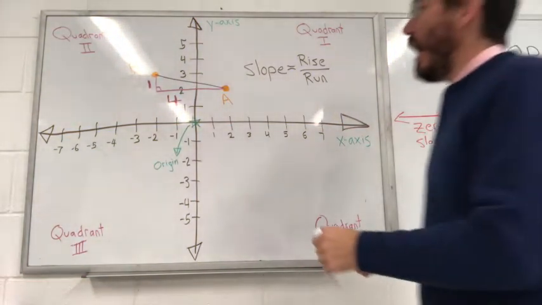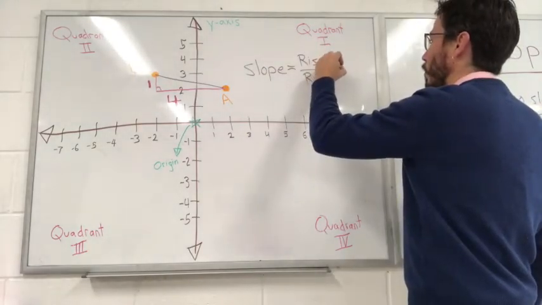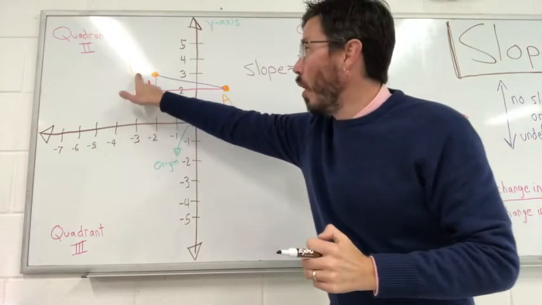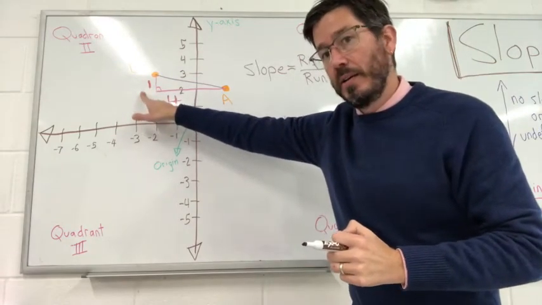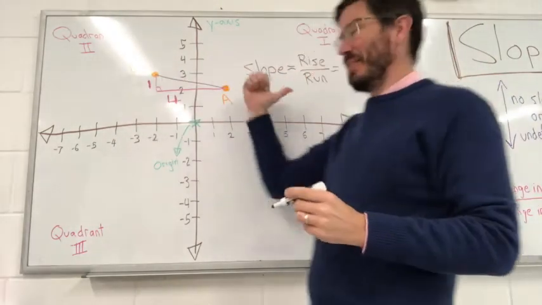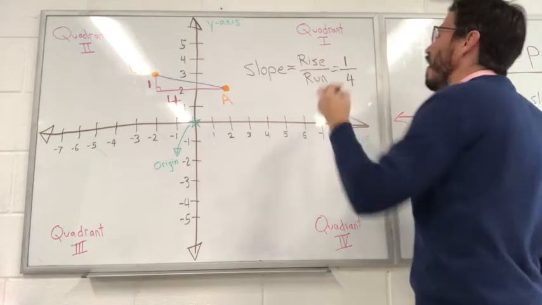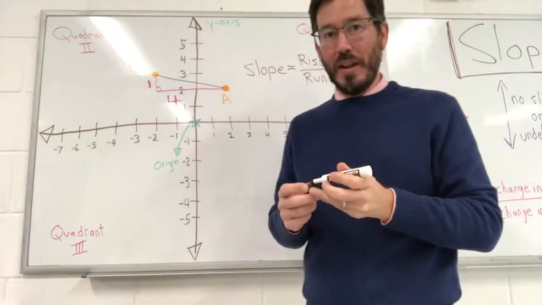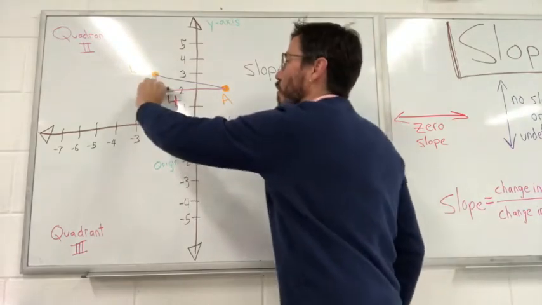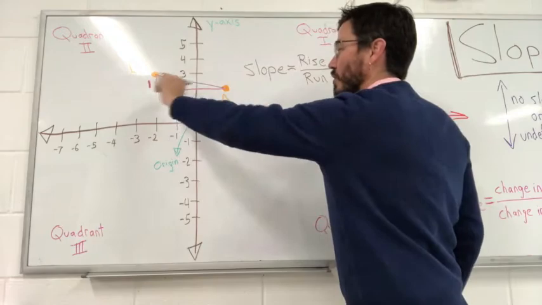And it rose 1. It didn't really rise 1, it fell 1. That's the 1 right there. And then the run is going this way. That's 4. The point is, we've already got those numbers, the 1 and the 4. The rise is the vertical number and the run is the horizontal number.